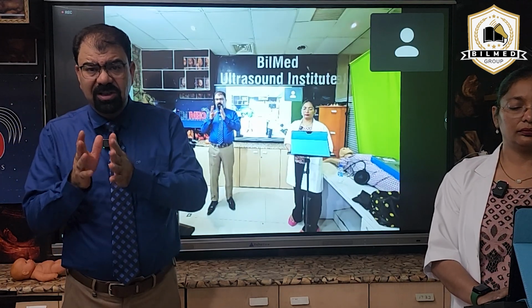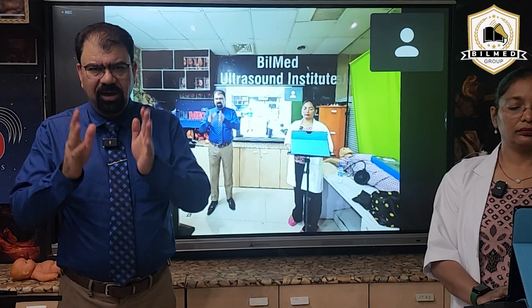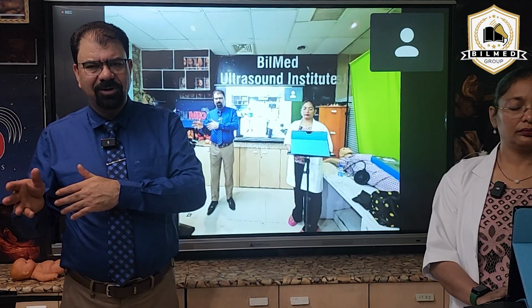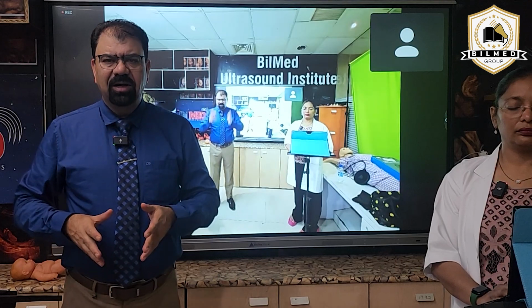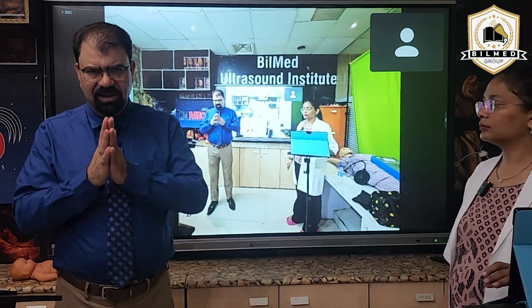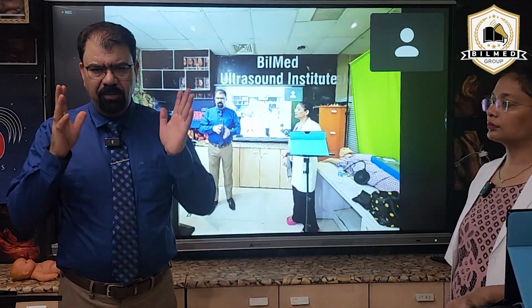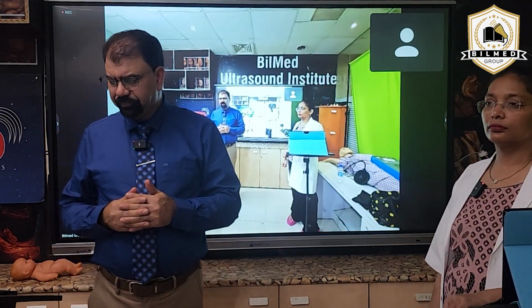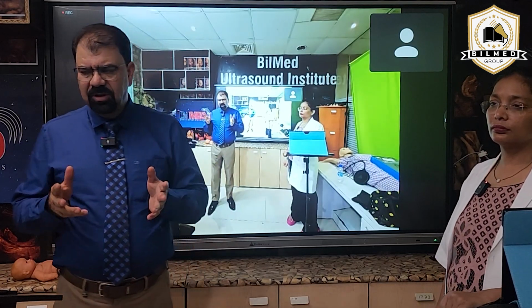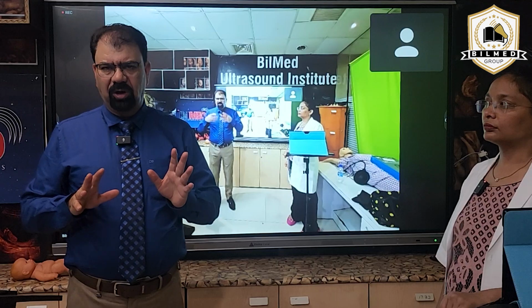So the basic important point is, while taking the nuchal translucency, forget about the components. See for the section, and if you are in a complete mid-sagittal section, the required things will pop up on the screen.